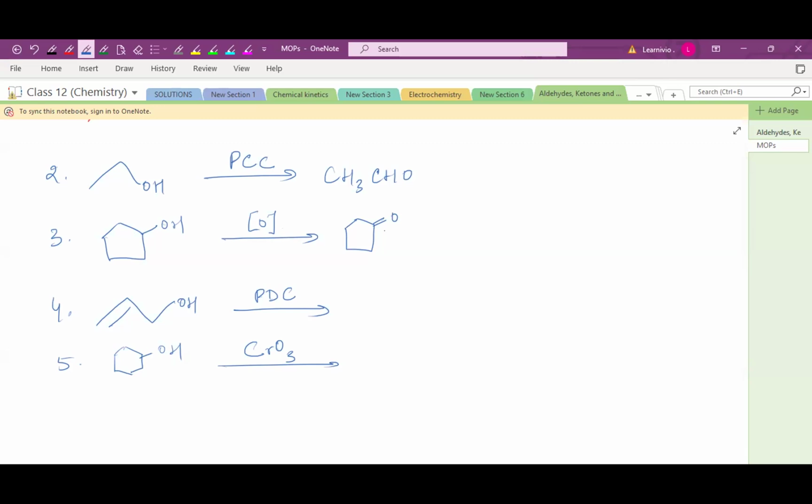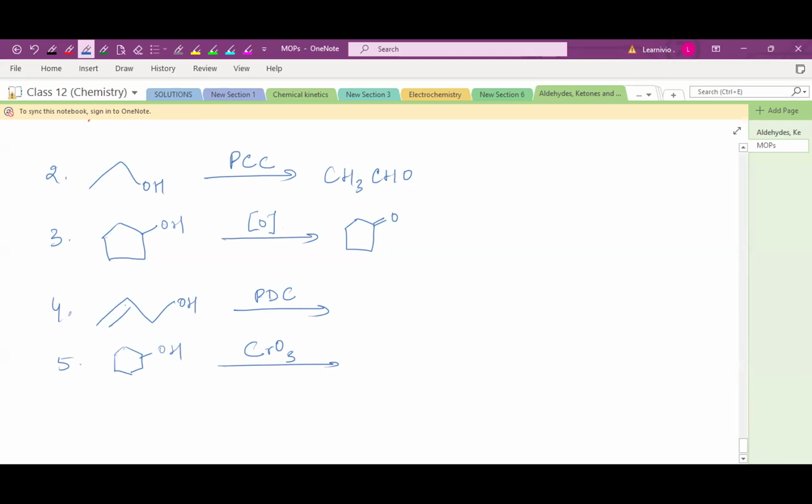What about the fourth one? What is the product in the fourth case? Butanol.